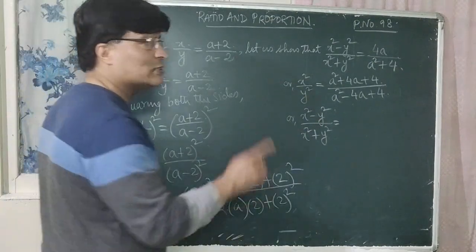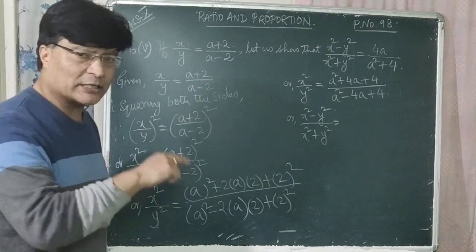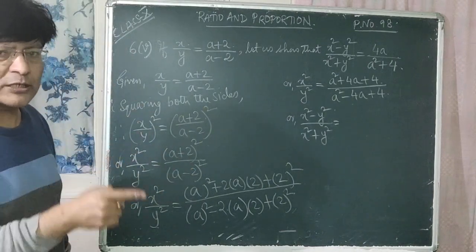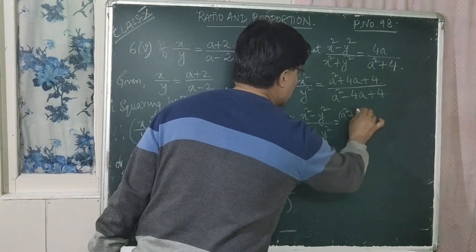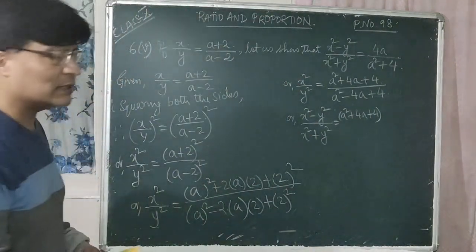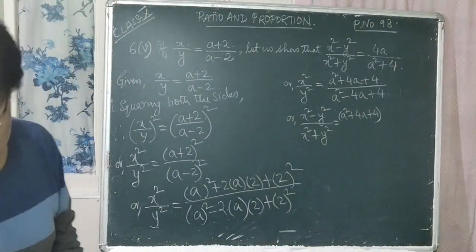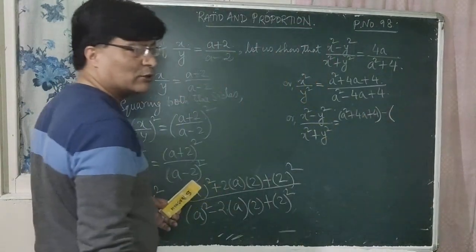Now what does the right hand side become? This is also the same case, numerator minus denominator divided by numerator plus denominator. So what is the numerator here? A square plus 4a plus 4, right? Then comes the minus sign in the numerator. And what is the denominator out here?